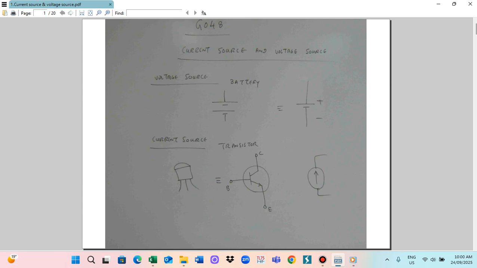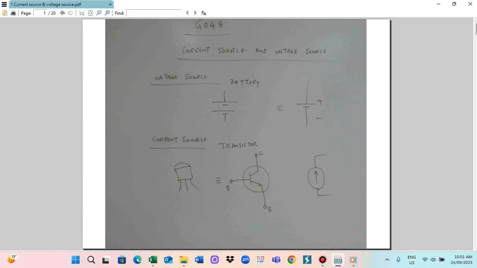So base, emitter and the collector. With a transistor you can see the pins like this, the 3 pins. So we can draw a diagram that will be like this. So this will be the base, the collector and the emitter. So this is a transistor.